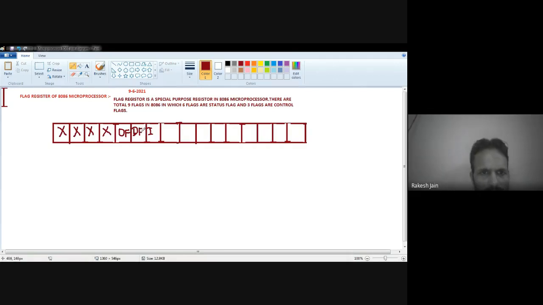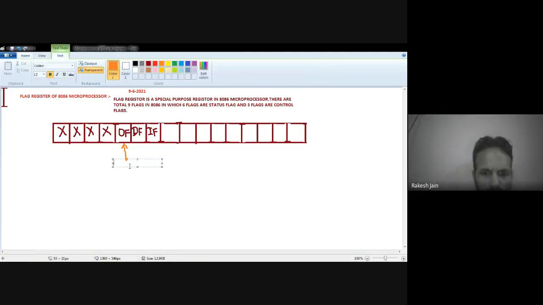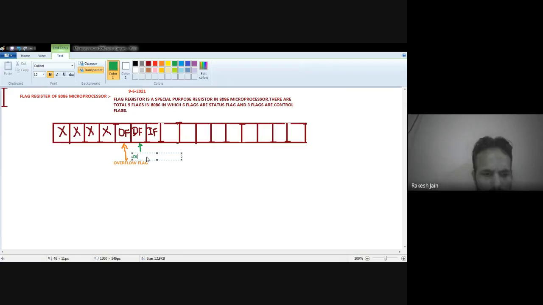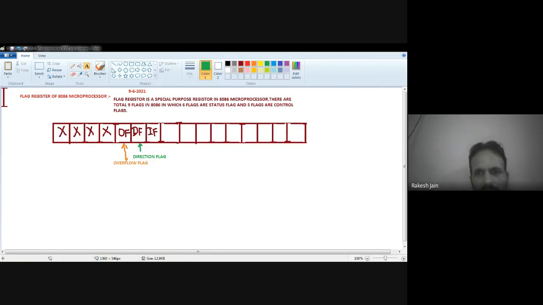The names of these flags are: this is the overflow flag, this is your direction flag, and this is your interrupt enable flag.